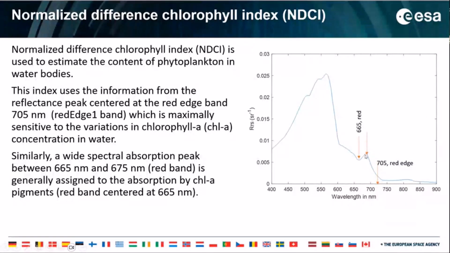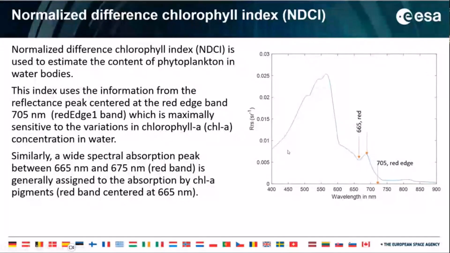So if you subtract them, you will have a positive number, and this will give you an indication of an excessive amount of phytoplankton. Now, if the number is negative, that means the reflectance value at 665 is larger than the value at longer wavelengths, which indicates that the water is free of chlorophyll A.